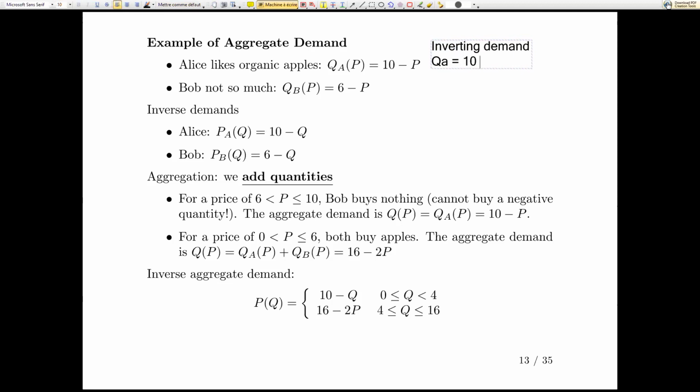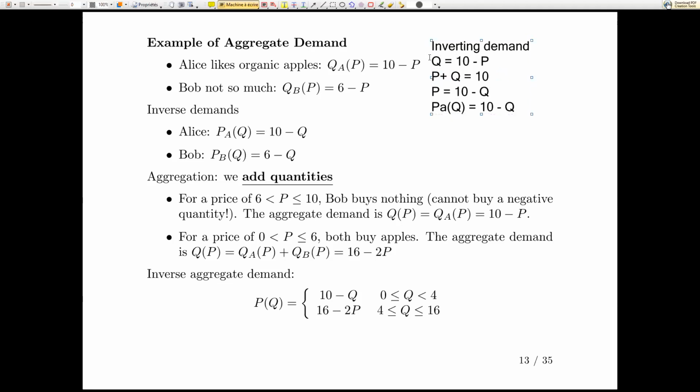So QA equals 10 minus P. Then you add P and subtract QA on both sides, so you get P equals 10 minus Q. And then just to show that it's a function and it's a function of Alice, you say P of Q equals 10 minus Q. All right.